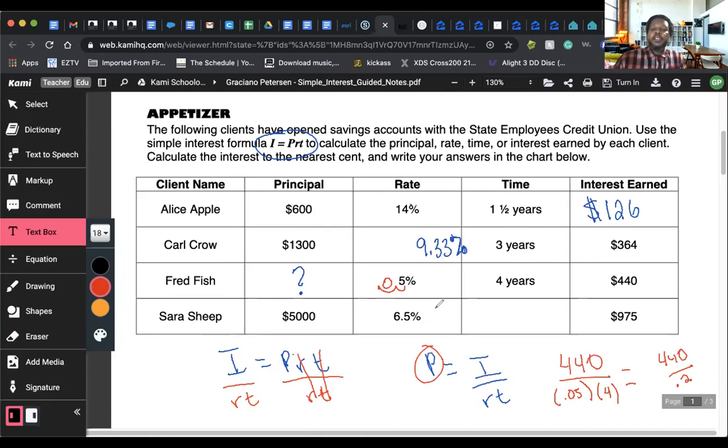So how much money did he start with to earn $440 in interest? 2,200. Good. So his principal, the money that he started with, was $2,200. Okay. So he started with $2,200, and then after 4 years, he was able to earn 440, right? That's what it's saying with the interest at the end, right? That's how much he earned. But he started with 2,200. Okay.